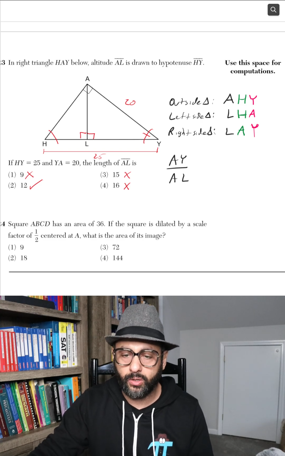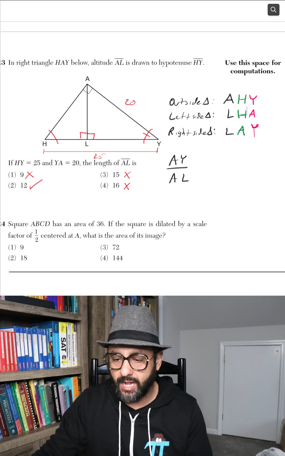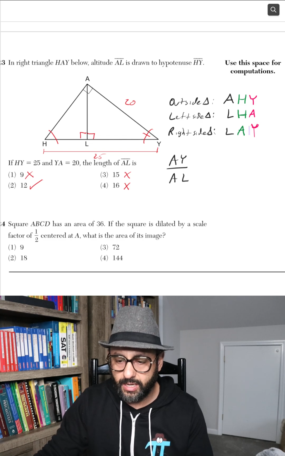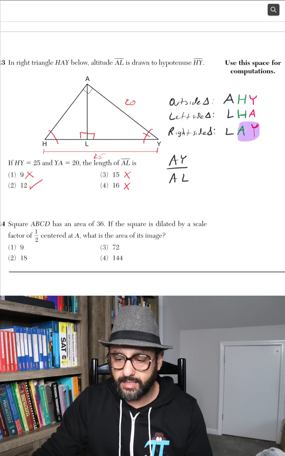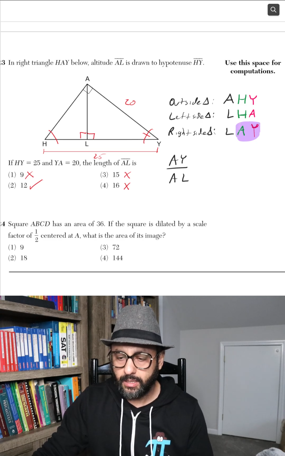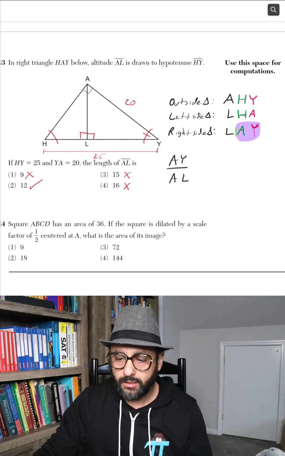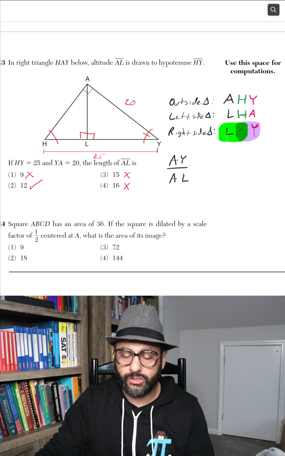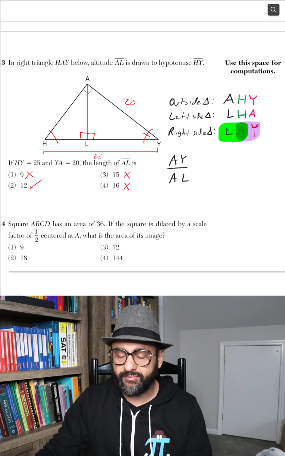Now think about the order that I put those in, AY over AL. This is the right side triangle. I put AY on top, and then I put AL on bottom. So when I make the same ratio for another triangle, I have to put it in that order.